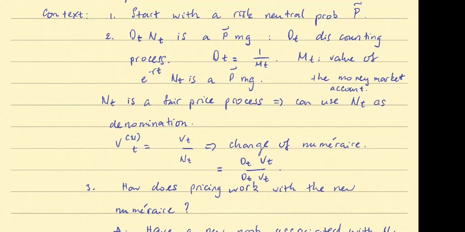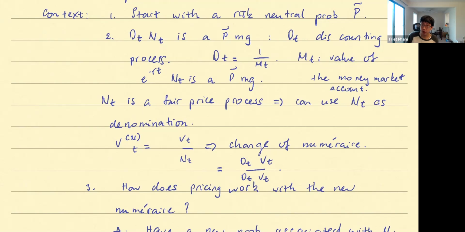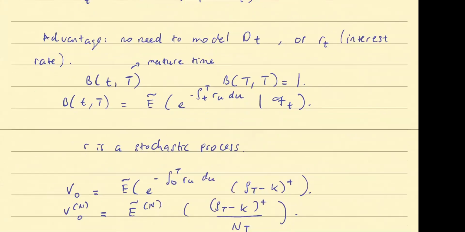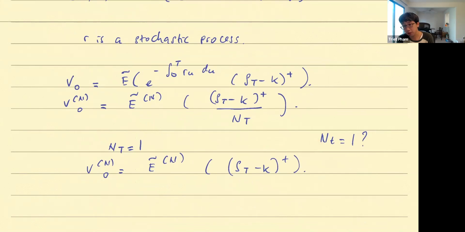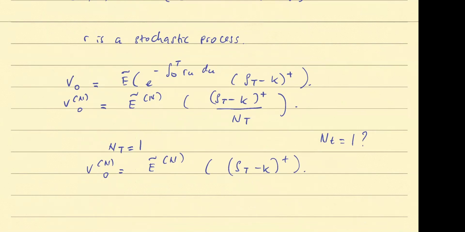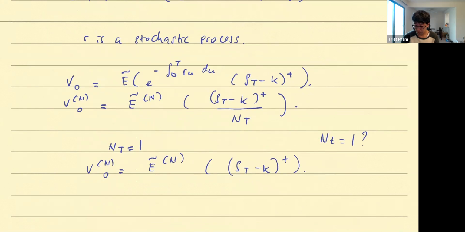Maybe not. No, right? The whole point of currency is to lose value because of the time value of money. So exactly, the constant choice is not a legal choice to be a numeraire to begin with. Is that okay?